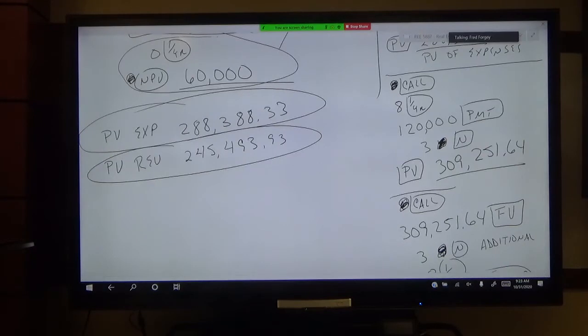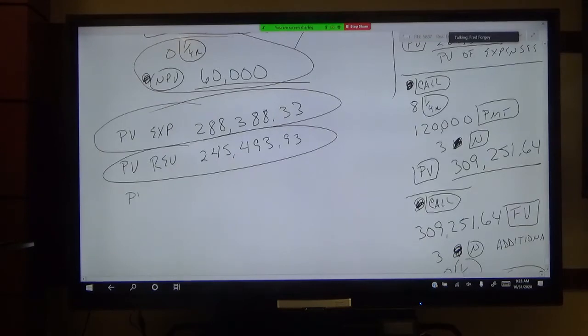I probably should have done this so it makes more sense. Let's put the expenses down here. That revenue is 92 cents, by the way. So 288,388.33, and we'll get rid of this one up here so it doesn't confuse you.